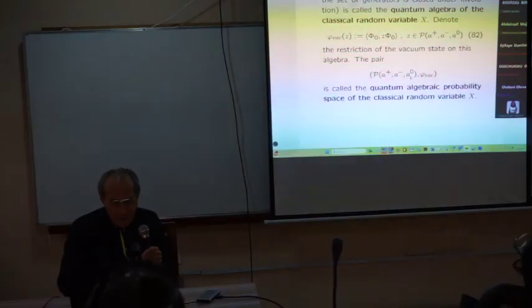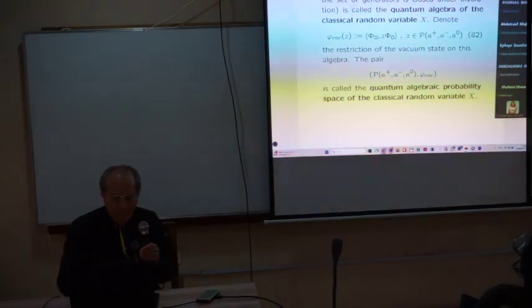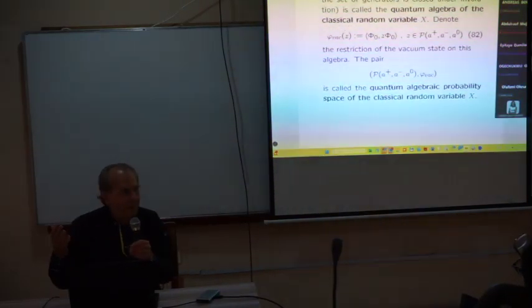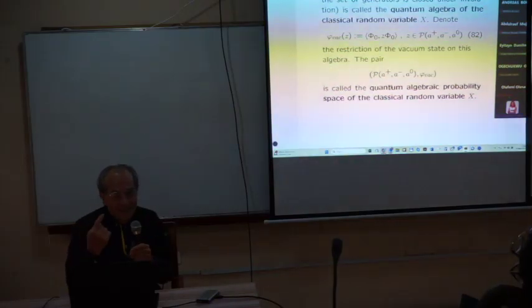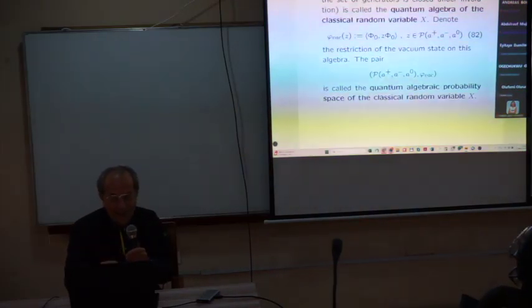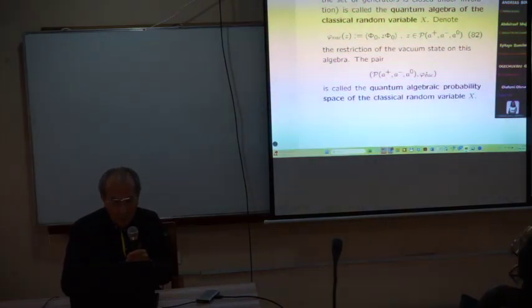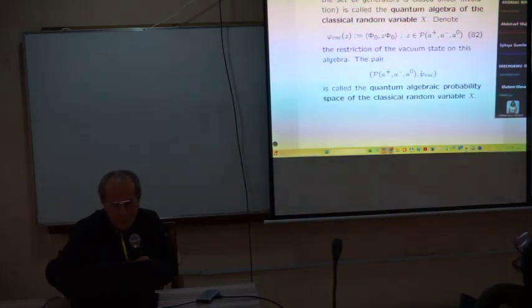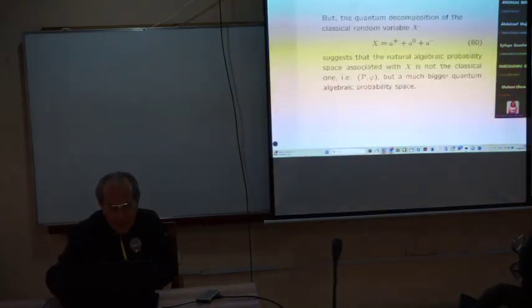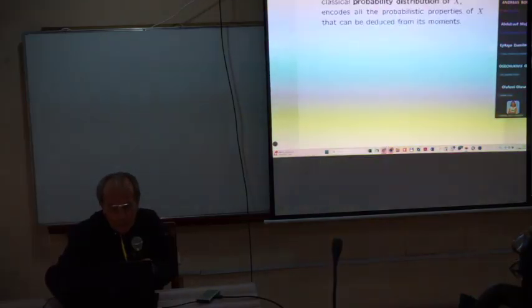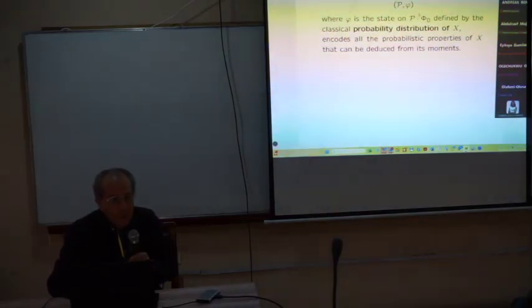Why do we say that this is an extension? What do we have to prove? There is something that I did not yet say, but there is something to be proved to say that this quantum probability space is an extension of this classical probability space. What has to be proved?